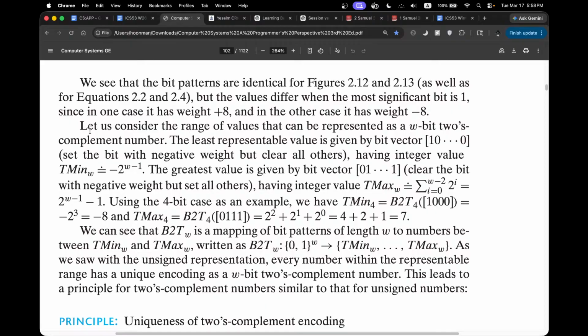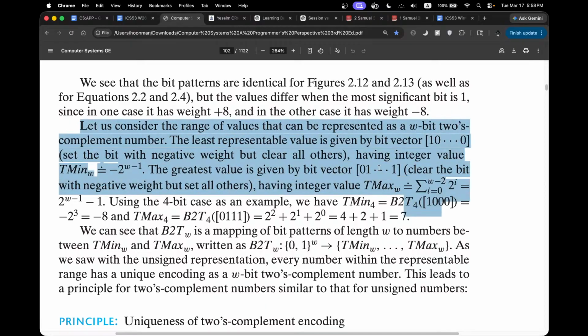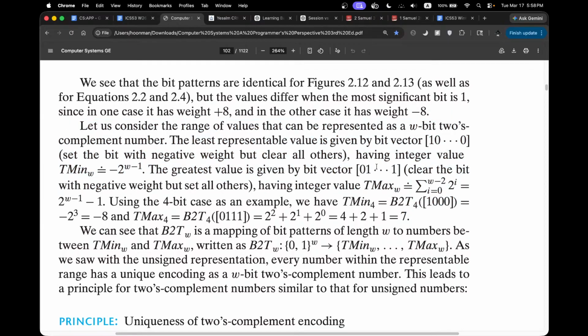Here, let us consider the range of values that can be represented as a w-bit 2's complement number.